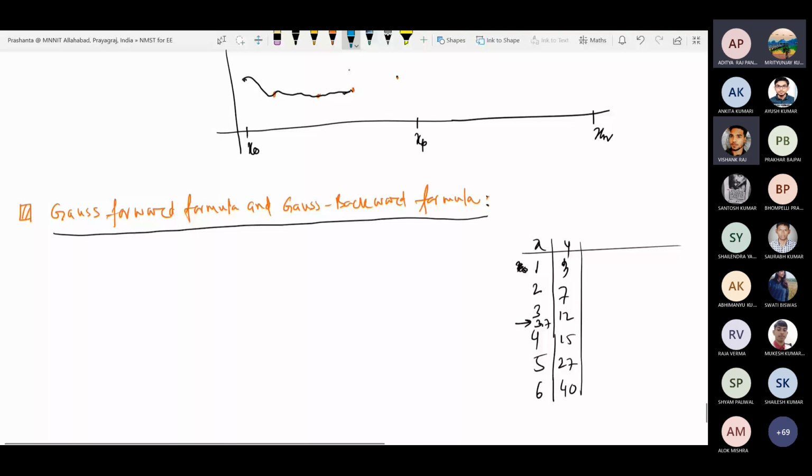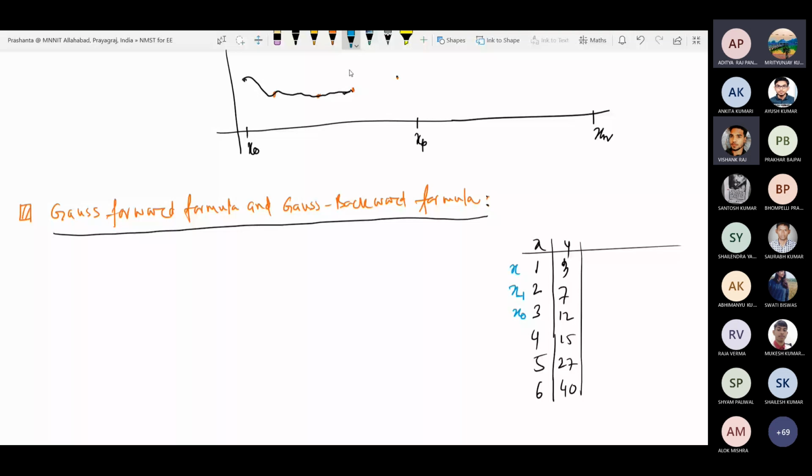So suppose in this current scenario 3 is the center. 3 is the center, so the index of 3, that element, will be x0. What will be the name for the element x equals 2? That will be x minus 1. What will be the name for the element x equals 1? x minus 2.